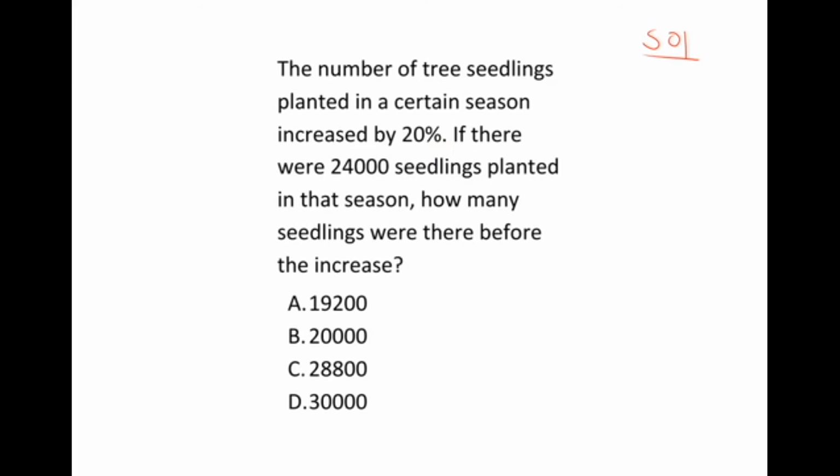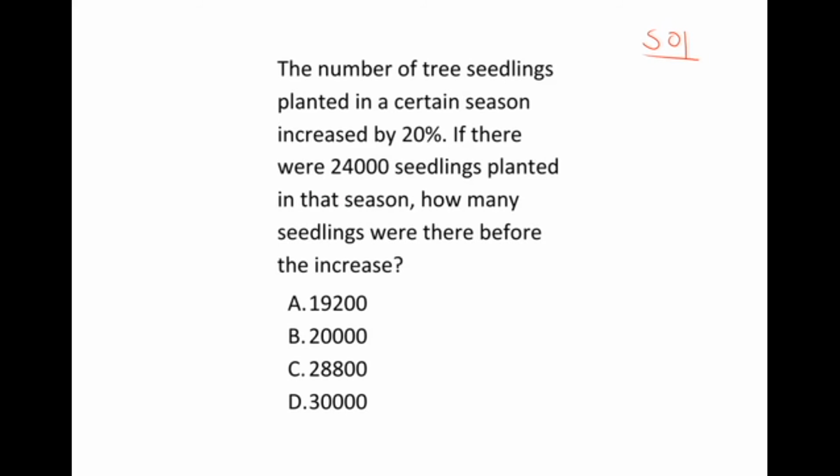Then we are also told that there were 24,000 seedlings planted in that season. Then we are asked how many seedlings were there before the increase. Therefore, we can proceed as follows.